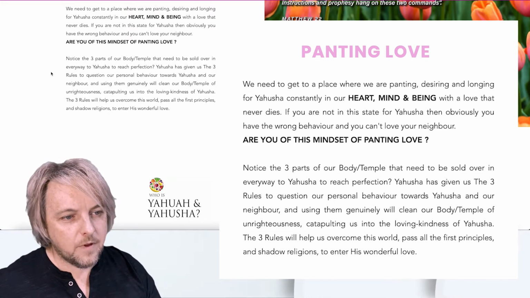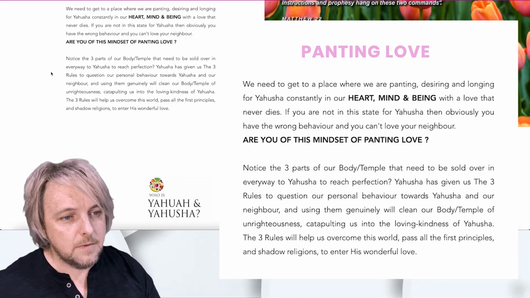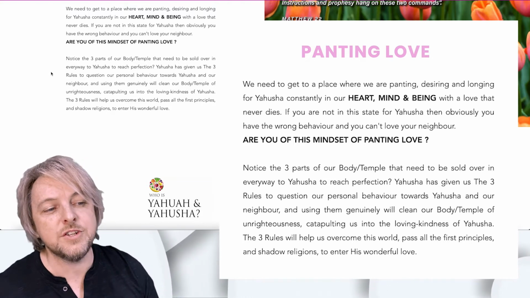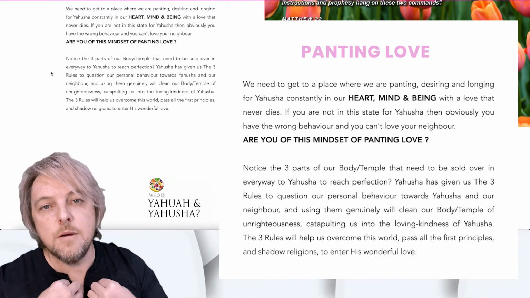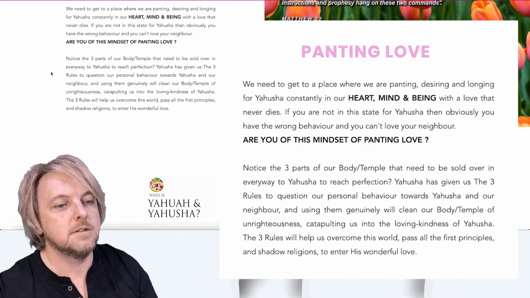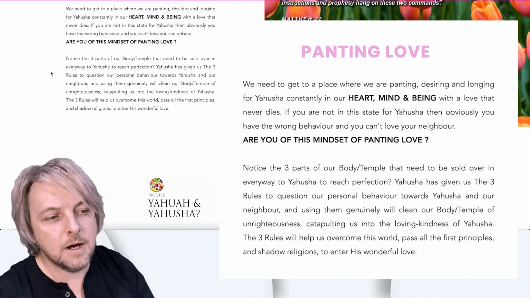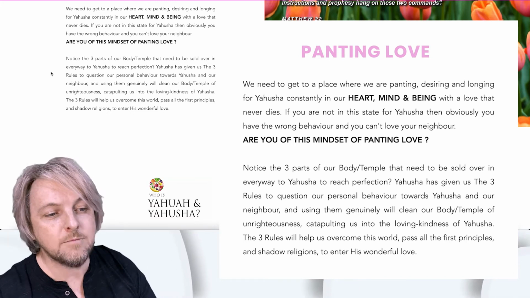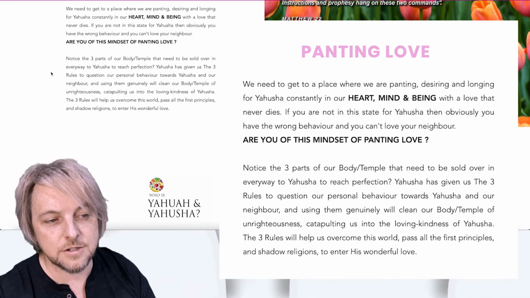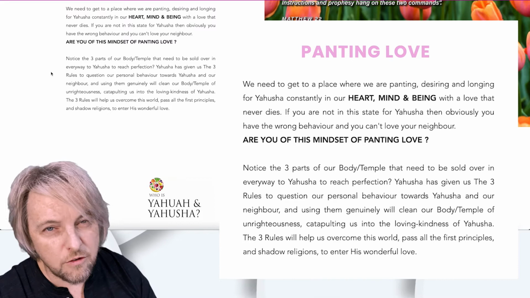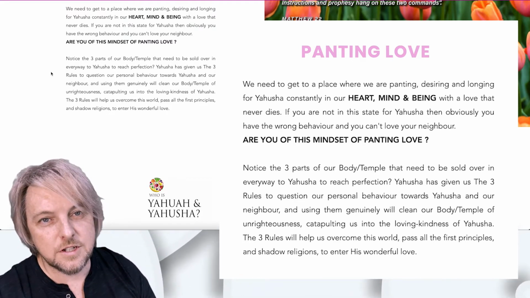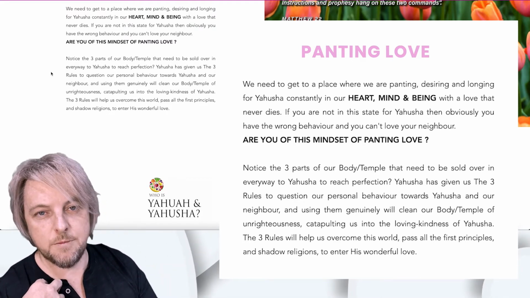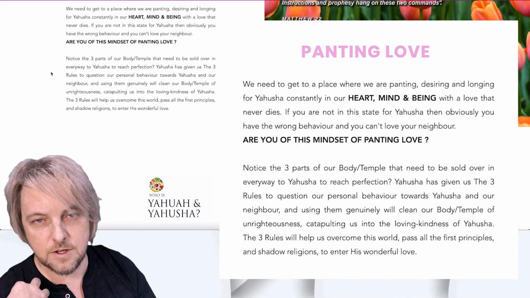So, use them. Yahusha has given us the 3 rules to question our, not yours, my personal behaviour towards Yahusha and our neighbour. And using them genuinely will clean our body, our temple, of unrighteousness. Using them genuinely, not fakely, not just, I'm not judging you, I'm just going to do it inside myself, just letting you have it and hating inside.